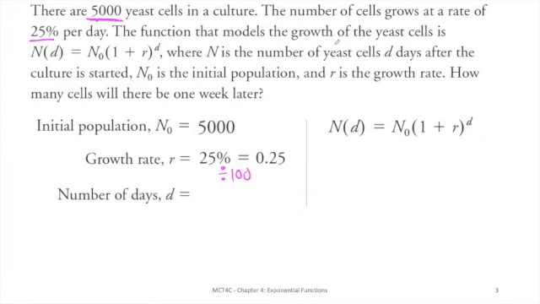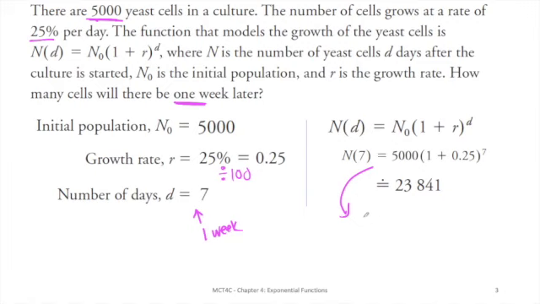Your number of days is given here: 1 week later. So how many days is that? 7. All you're going to do is plug that information into your formula: 5,000(1 + 0.25)^7, and you're going to get approximately 23,841.